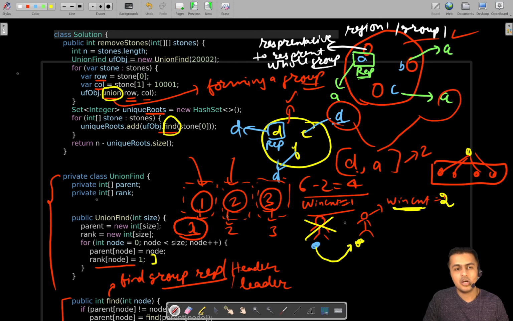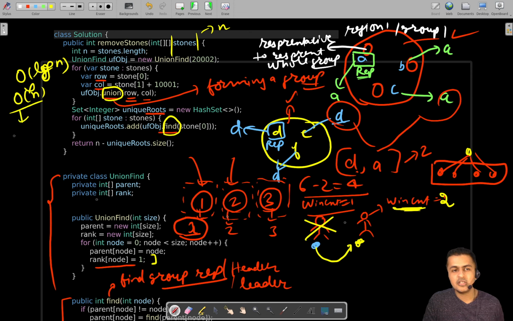So a loose upper bound of this can be order of log n. And if there are n calls being made, since the size of this stones array is n, the order of n calls are made. So in total the time complexity becomes order of n log n.